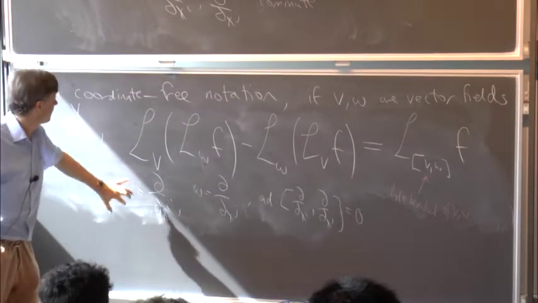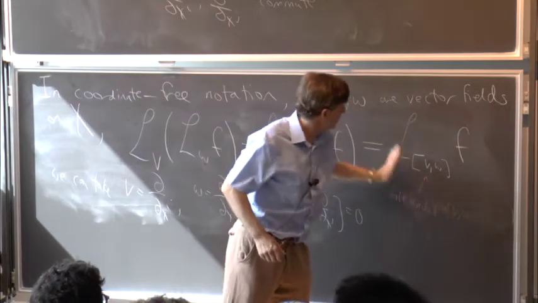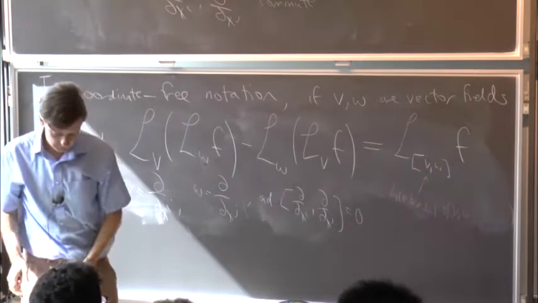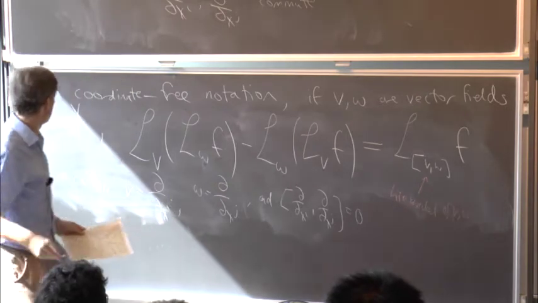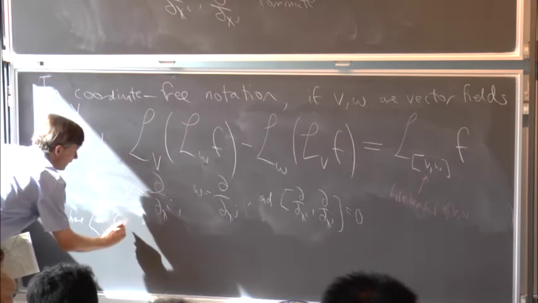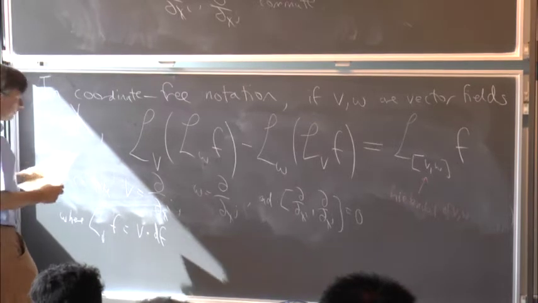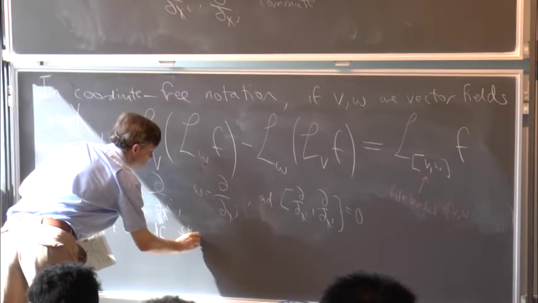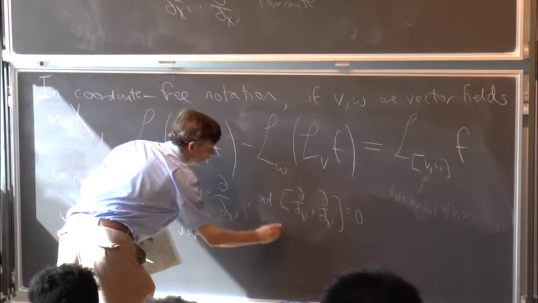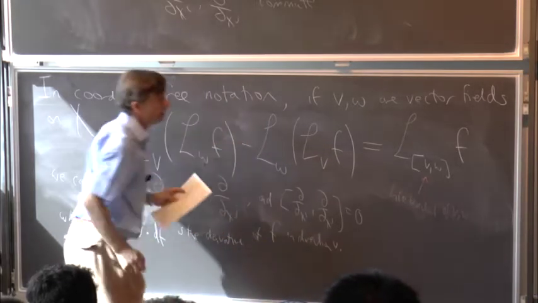So then in that case this formula reduces to that formula because this right hand side becomes 0 if v is ∂/∂x^i and w is ∂/∂x^j. Okay, so perhaps we'll also say where L_v f is v dotted with df, is the derivative of f in the direction v.